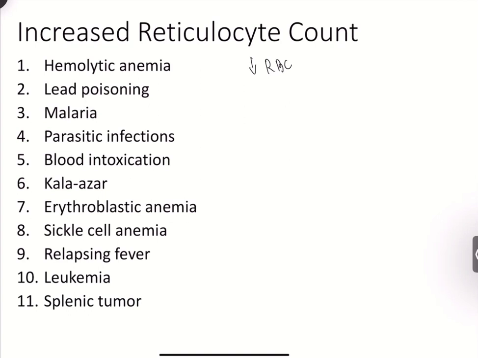In the worst case scenario, you will see even younger RBCs in the peripheral blood. So, what is the principle? Decreased RBC count, which is correlated to the destruction or decreased production of your RBC.